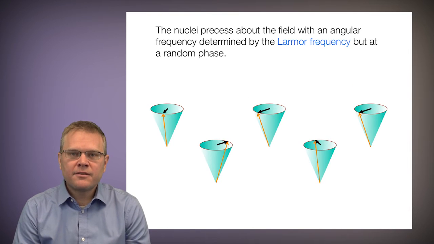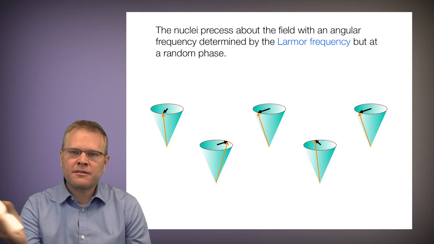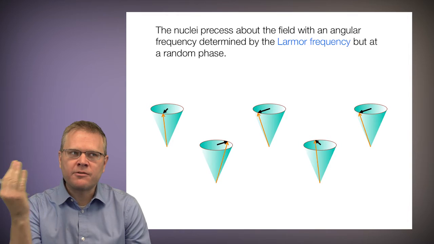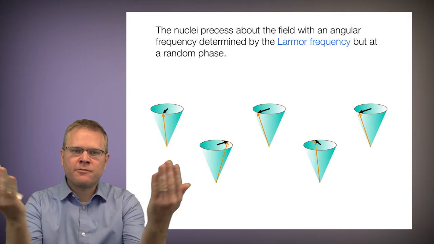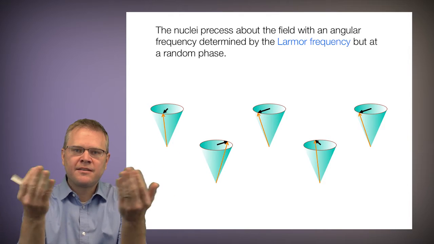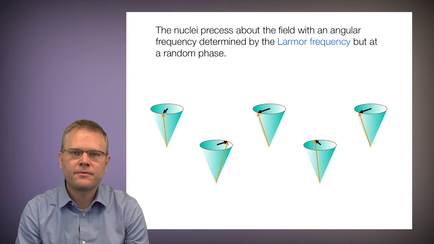While being oriented in this direction, the nuclei are also precessing about the field with an angular frequency determined by something called the Larmor frequency, but at random phase with respect to each other. You can think of these hydrogen atoms as spinning tops, rotating in the same direction, but at random phase with respect to each other.